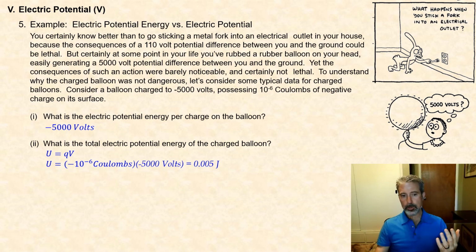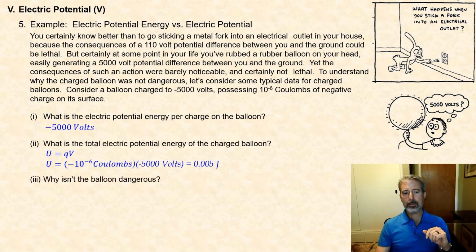We're told that you've rubbed off a microcoulomb, that is 10 to the minus 6 coulombs of negative charge, and that the balloon itself is at an electric potential of negative 5,000 volts. This means that the electric potential energy of those charges stuck to that outer skin of the balloon is 0.005 joules. So hopefully you can see why the balloon isn't dangerous.